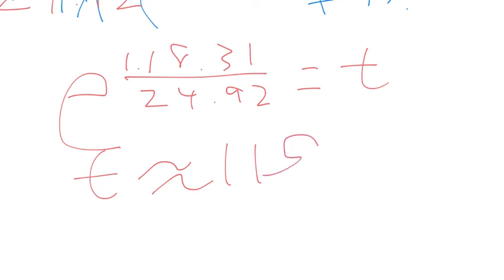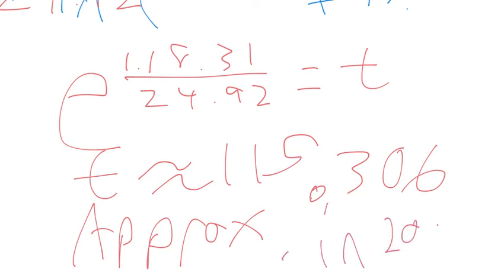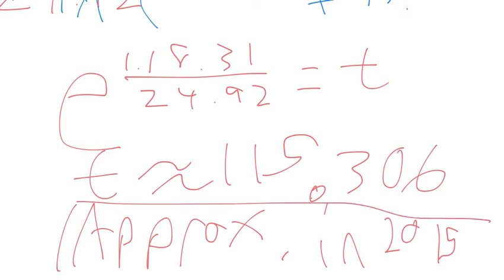This is actually 115.306. So approximately, remember that's the time after 1900, so it's approximately in 2015. Approximately in the year 2015 or 2016, it will be at least 25 quads.